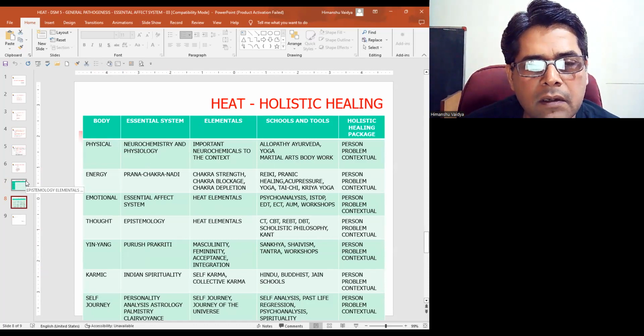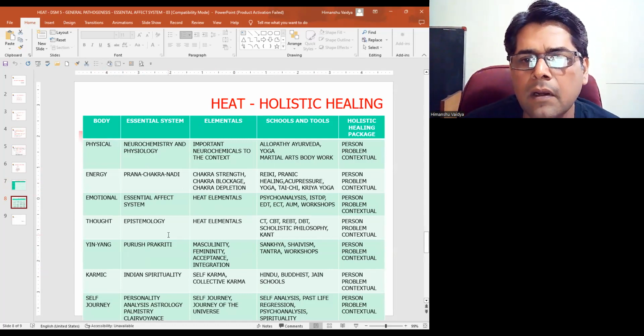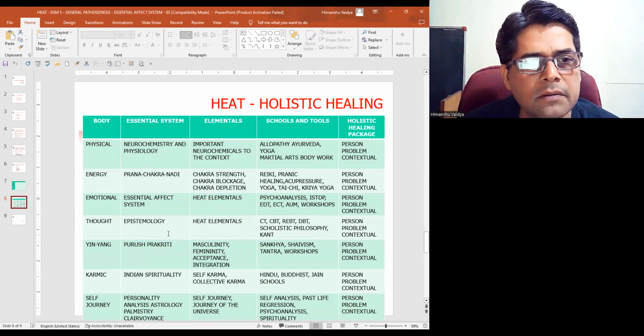And this gives us an outlet into what to heal and what approaches are possible to heal, and to create an individual basket of solutions for the person.